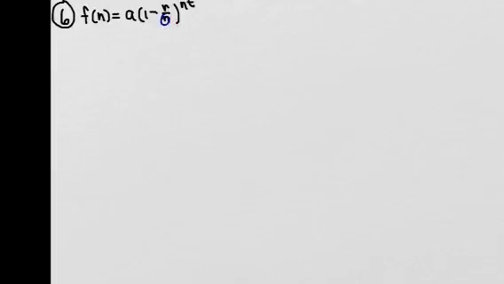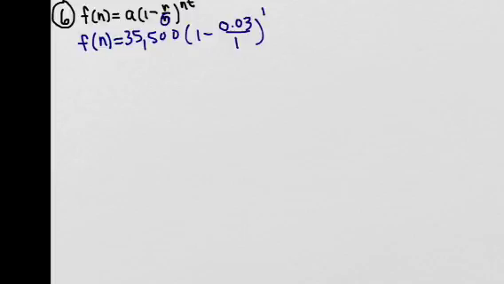So we have f of n equals, now we started with 35,500 people. And the rate of decrease is 3% per year, so that's 1 minus 0.03 to the t. Now, do they want the function? Yeah, write a function.